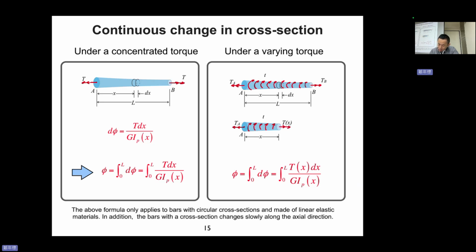So the T(x) is a function of x, which means that all you need to do is just cut it, determine the general form of the function of T, and then you can see the difference.